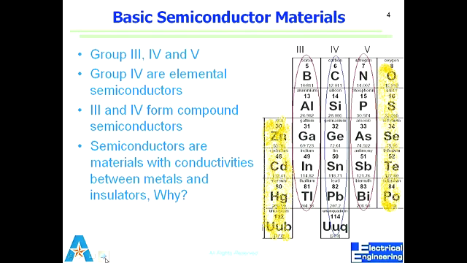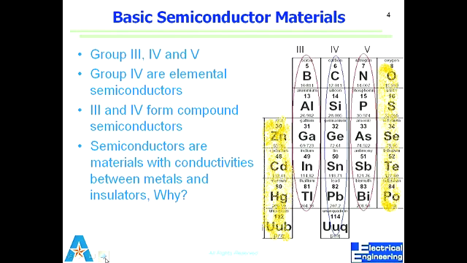What does that translate to? It's neither conductive nor insulating. It's somewhere in between, so as long as we can push some electrons in or take some electrons out, we can change it. That's the quality of semiconductors.